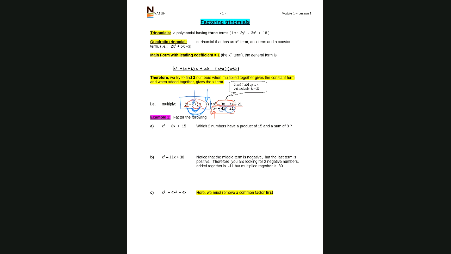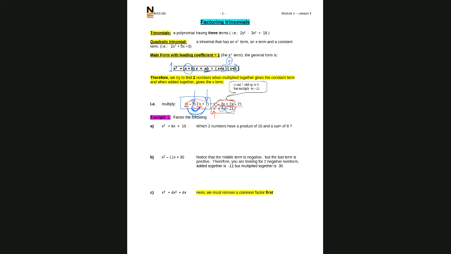So in other words, when we have the leading coefficient 1 in front of the x squared term, the product of these two terms in the brackets is the constant term in the trinomial, and the sum of these two terms is the x term. So that is the pattern that we're going to follow with a quadratic trinomial of leading coefficient 1.